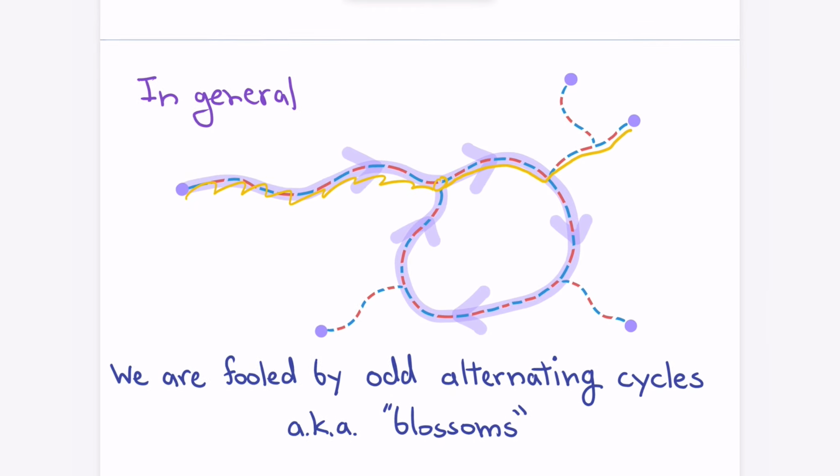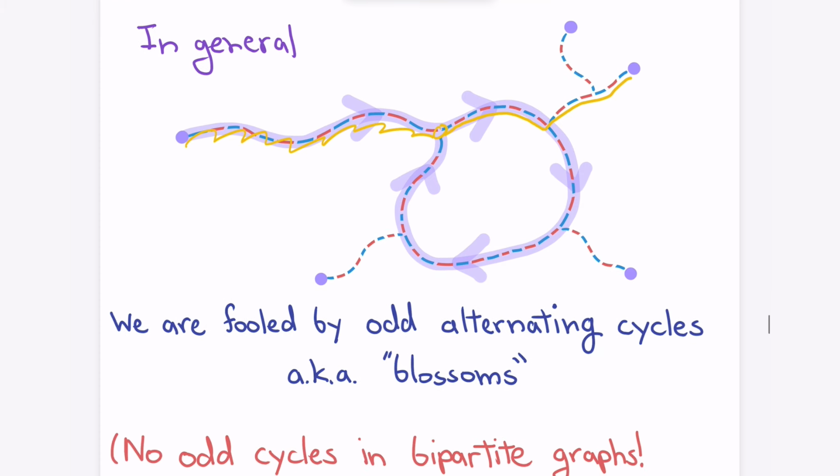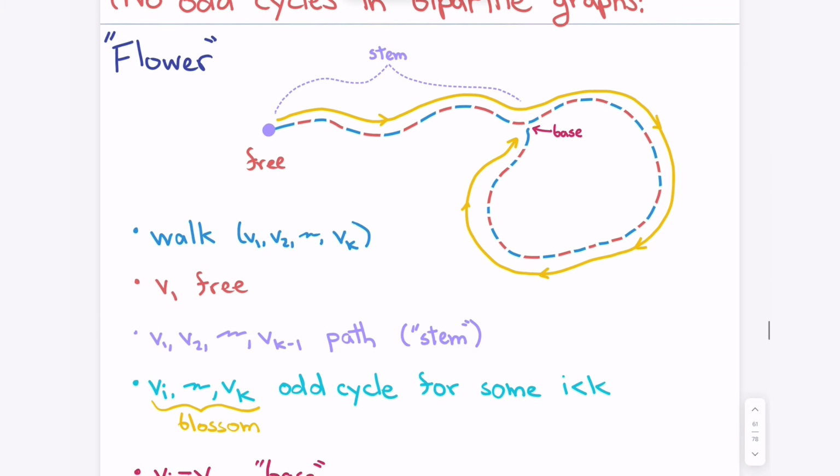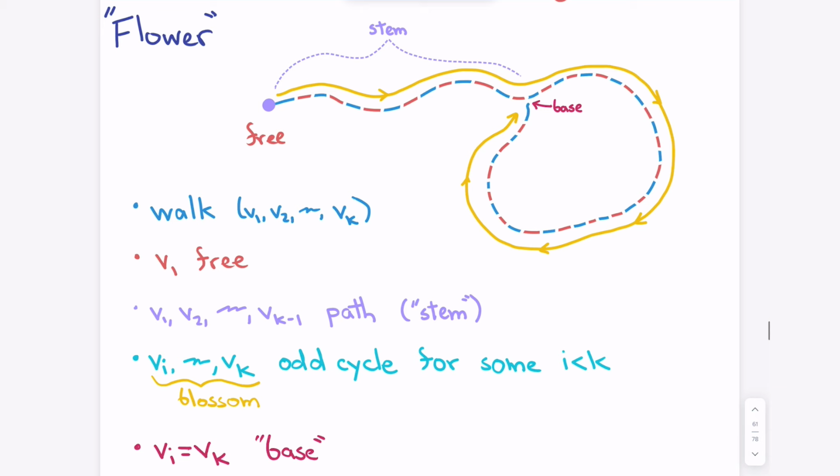So this is what we want to try to figure out. Some creative people have come up with terminology for this kind of thing. In general, you start at a free vertex, then you have some path, and the last edge of the path will be a matched edge, because the odd cycle will meet at two unmatched edges.